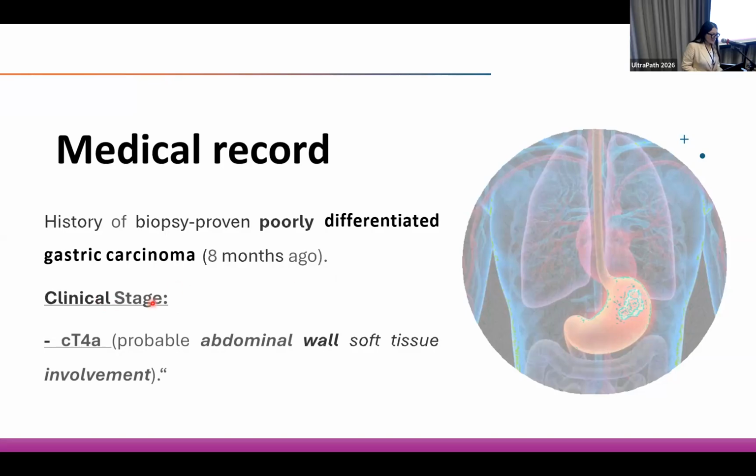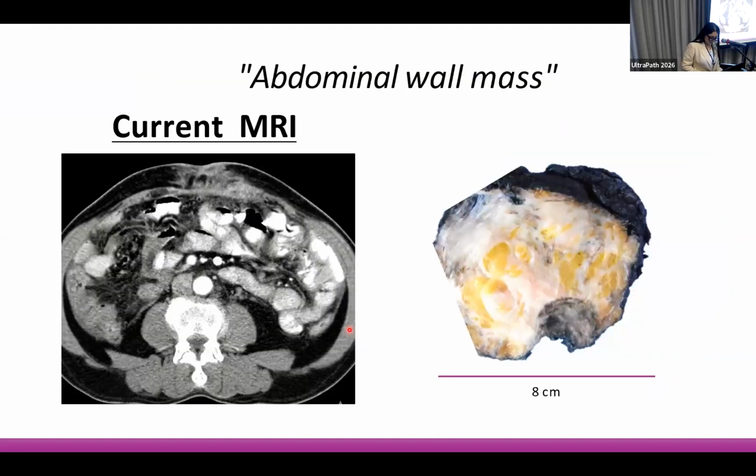The current clinical suspicion is that this patient presents a probable abdominal wall soft tissue involvement. This is the current imaging study, and we can observe this mass with infiltrating edges, with a diffuse thickening of the abdominal wall.